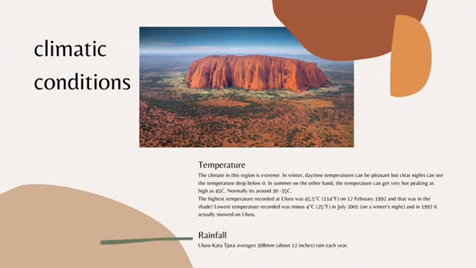The climate in this region is extreme. In winter, daytime temperatures can be pleasant, but clear nights can see the temperature drop below zero. Also, the region receives very little rainfall, with an average annual rainfall of 308 millimeters.